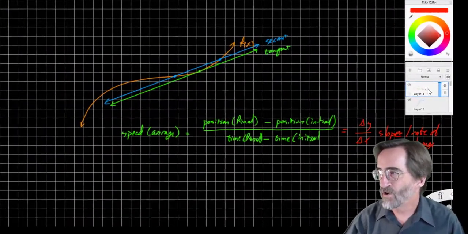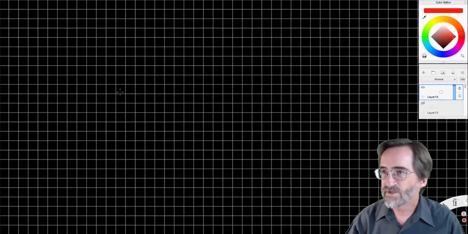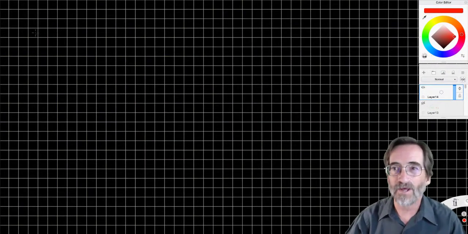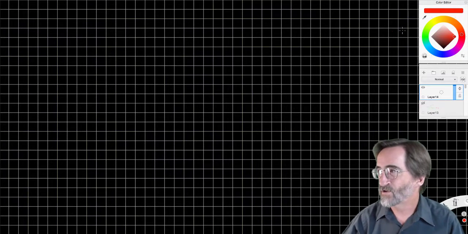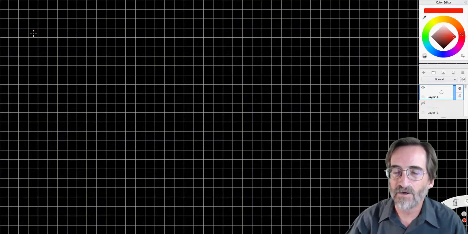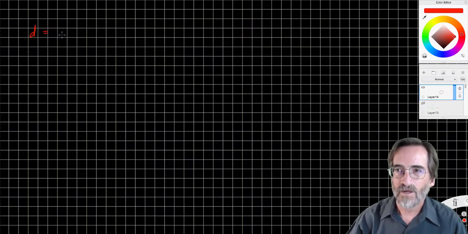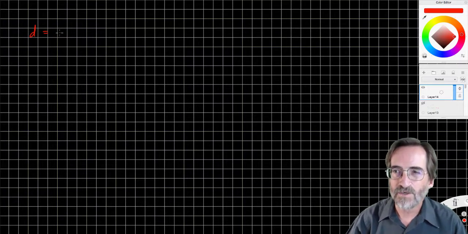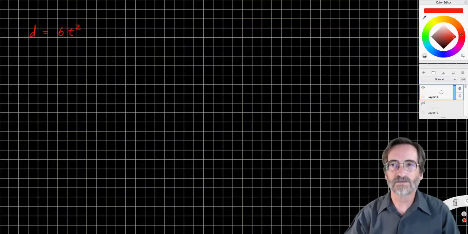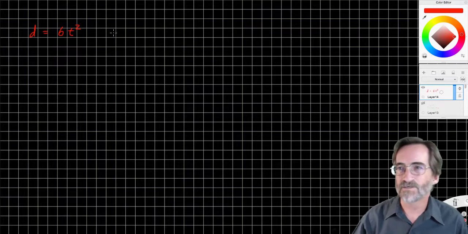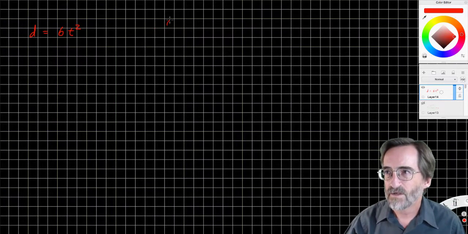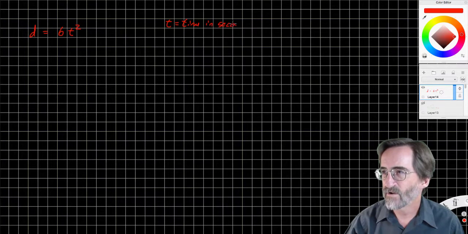So let's set up a scenario. Let's say we're on a planet other than the Earth, because the Earth has very specific gravity. Let's say the distance an object has fallen under gravity is equal to 6t squared, where t is time in seconds and d is distance in meters.